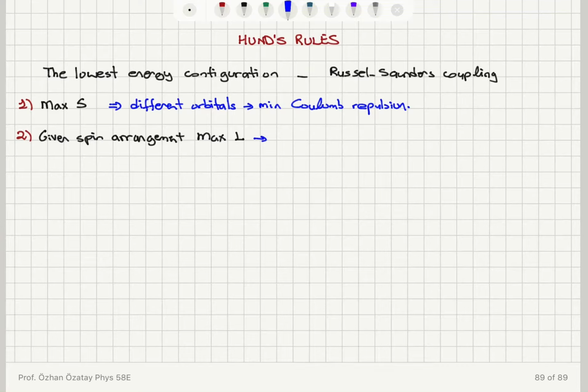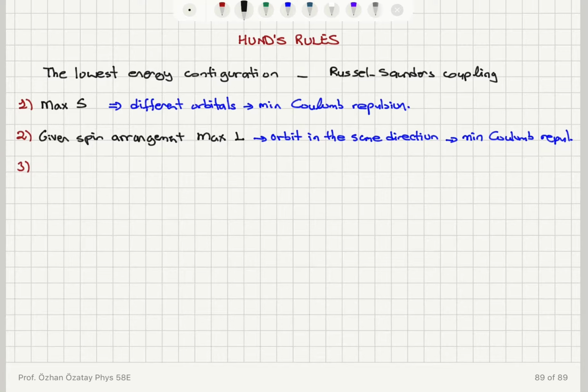So, orbiting in the same direction, and once again, minimum Coulomb repulsion. The same idea.